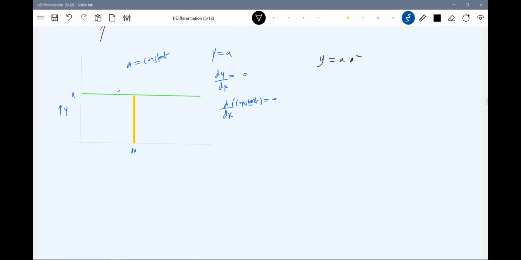That a is some constant, keep it as it is. Then take the derivative of x squared. How much will it become? dy is equal to a into 2 x to the power of 2 minus 1 dx. So this is the value of dy by dx. If you have a constant into some function, let it be that one.